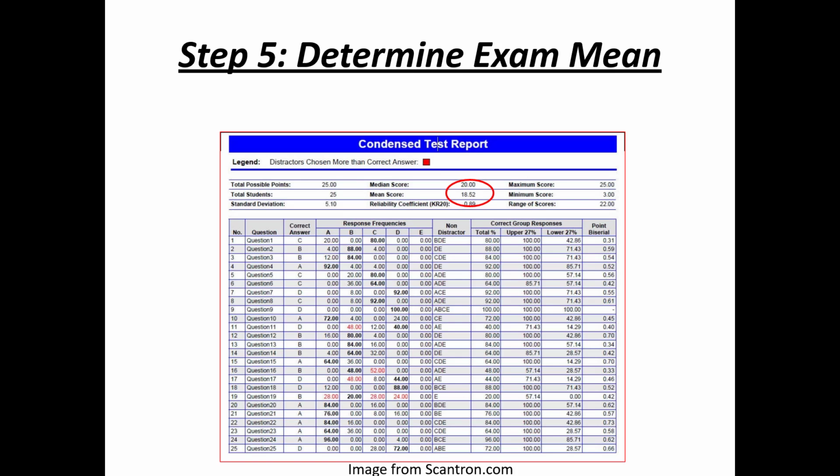So the first thing I like to look at is the exam mean. The exam mean in this case is, you can see that there's possible 25 points and 18.5 was the mean.